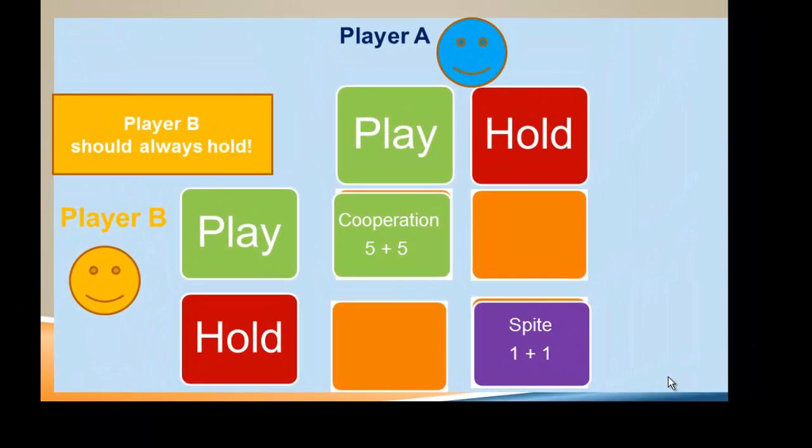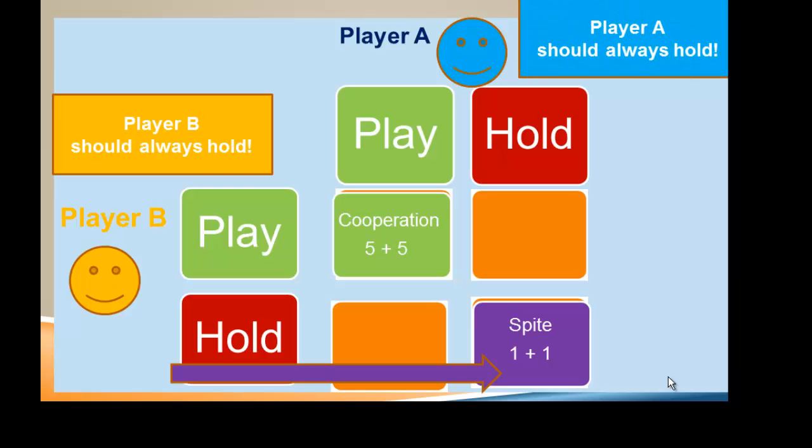Now we said that according to the individual self-interest of player B, it would appear that player B should always hold. And if this is the case, player B is going to push their play towards the spiteful corner. And the same thing holds for player A. If player A is playing a selfish game, then player A is similarly going to push things towards the spiteful corner.